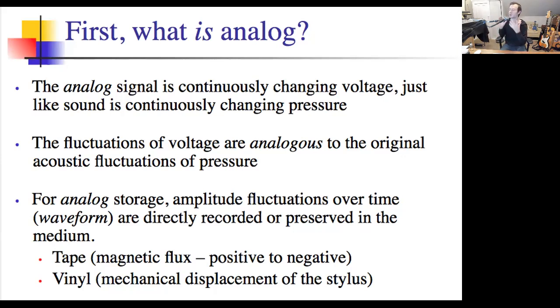And generally, we use something like a microphone, which is a transducer, to convert from one form of energy, the pressure waves in the air, into another form of energy, the actual voltage changes that then go down a cable. In audio, we often will save these in an analog fashion historically.